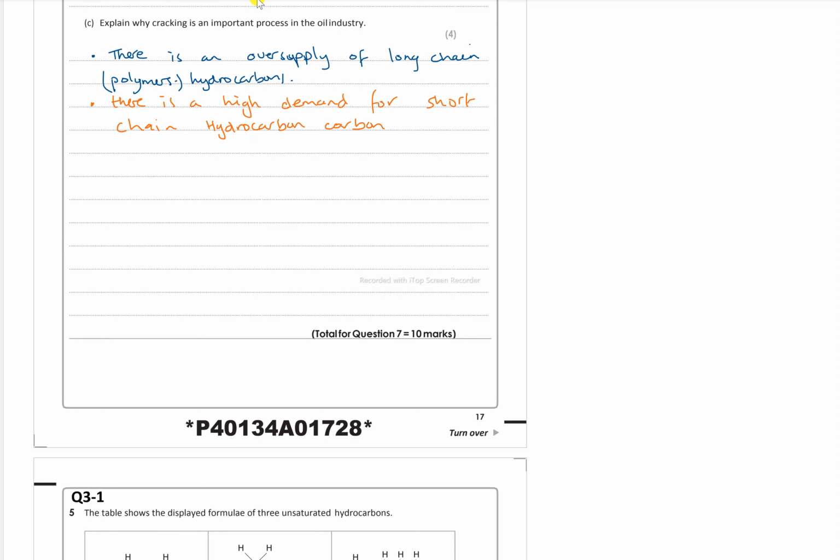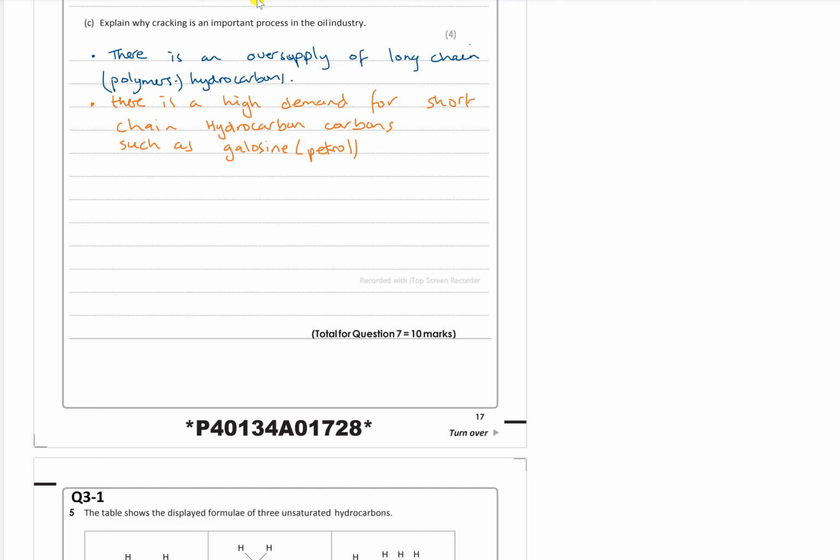There's a high demand for short chain hydrocarbons such as gasoline. What do we call gasoline in the UK? Petrol.